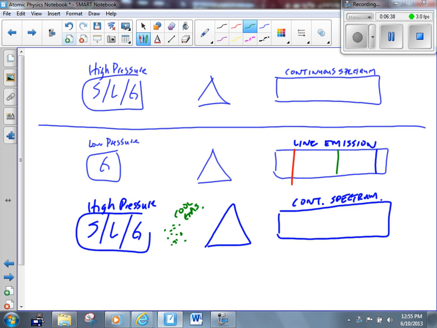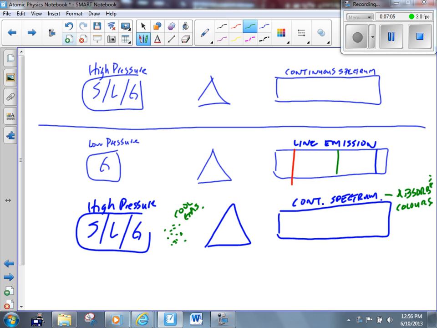And as they do that, no longer do you have this complete continuous spectrum, but rather you have this continuous spectrum over here minus whatever colors were absorbed by the cool gas. That says absorbed, if you can't see that. Minus the absorbed colors.